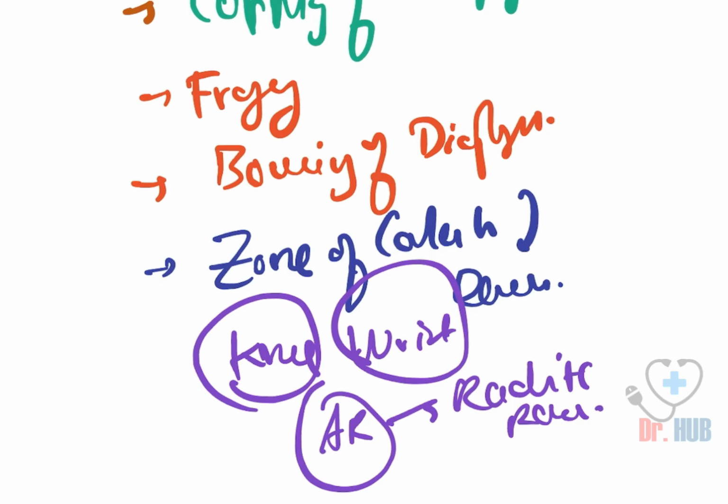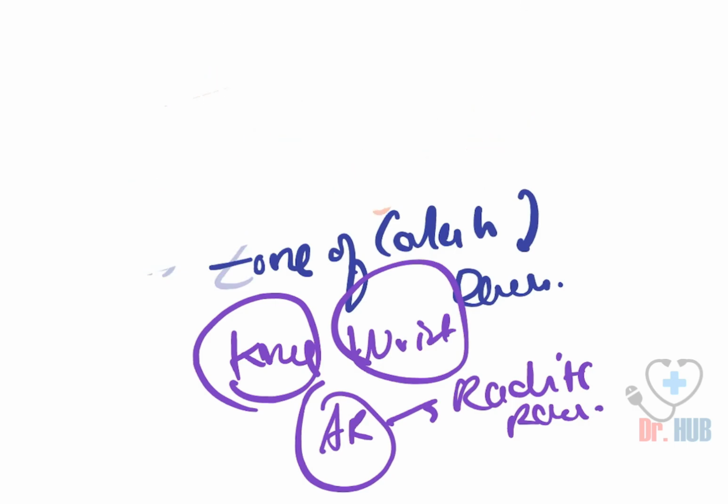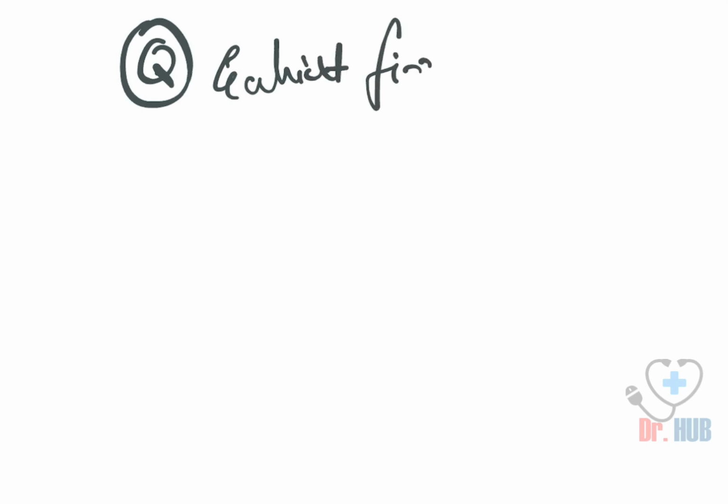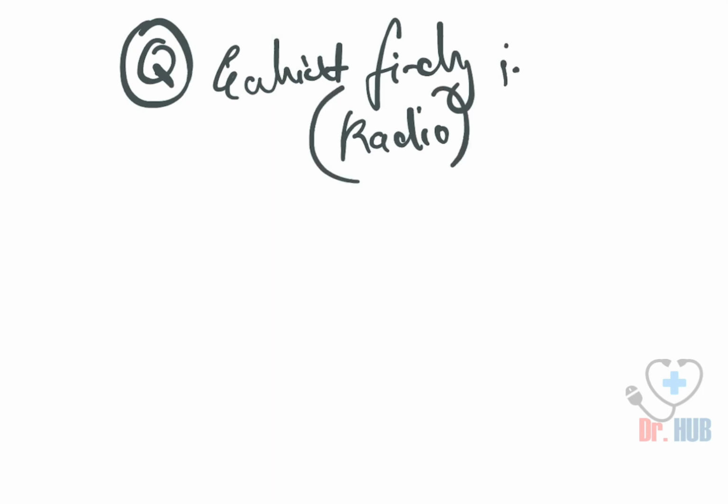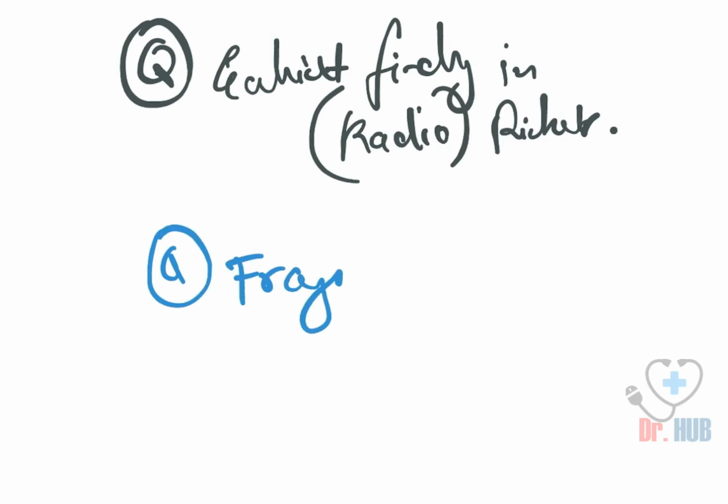So now there are some questions to be answered in the comments. The first question is, what is the earliest radiological finding in rickets? The next question is, what is fraying?